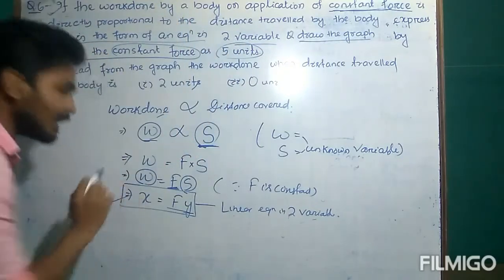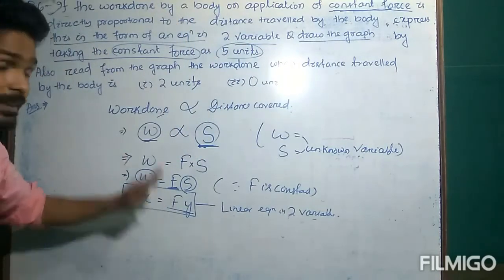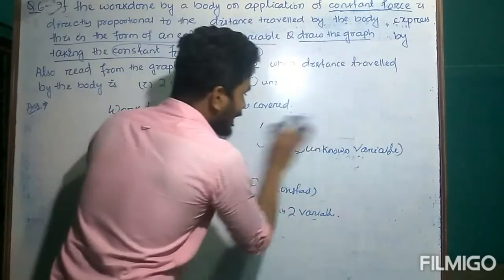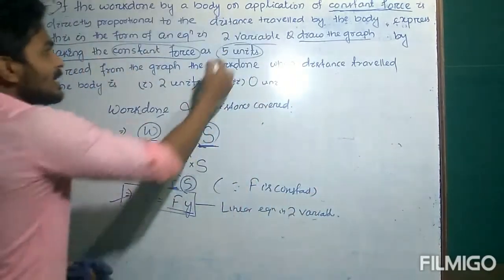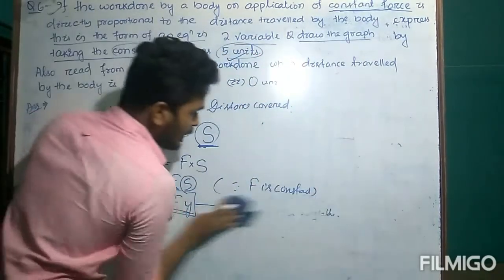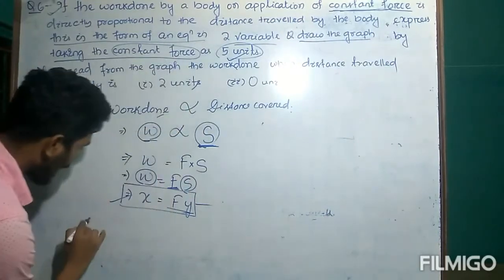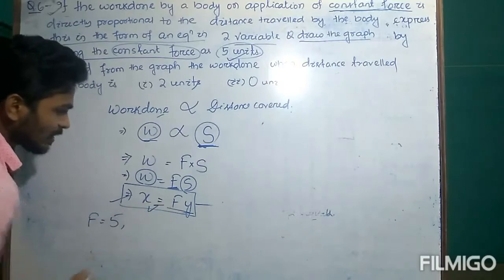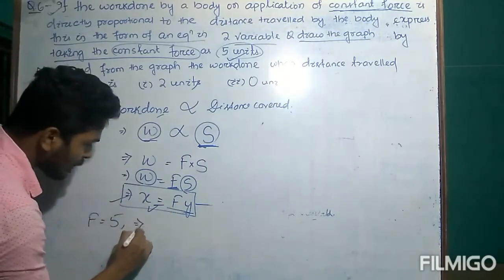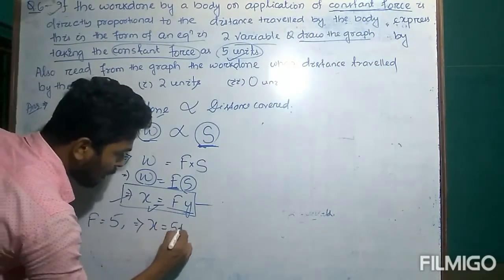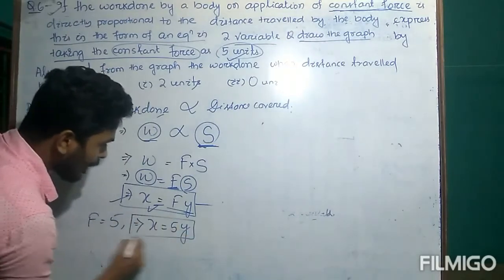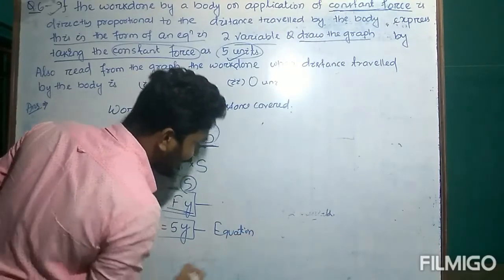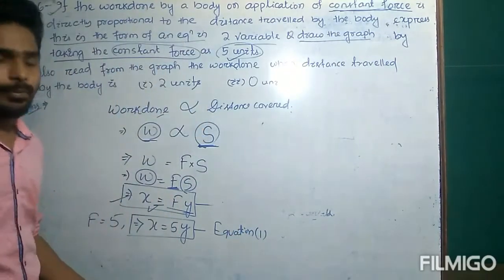This is the linear equation in two variables. First thing is completed. The second thing is we have to draw the graph of this equation by taking the constant force as 5 units. So here I write F as 5 and substitute it in the original equation. Hence the equation becomes x is equal to 5y. Understood? This is the equation that we need to draw the graph of.